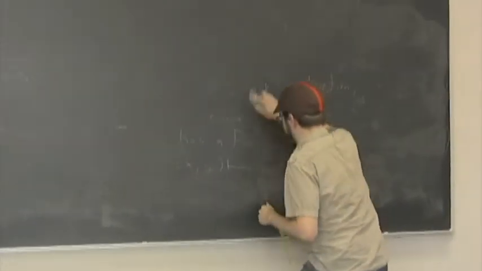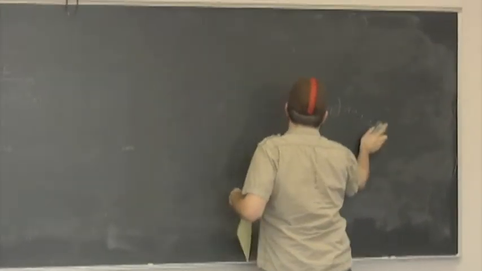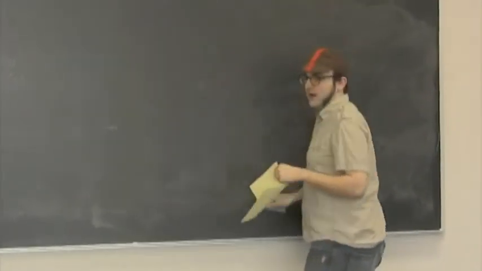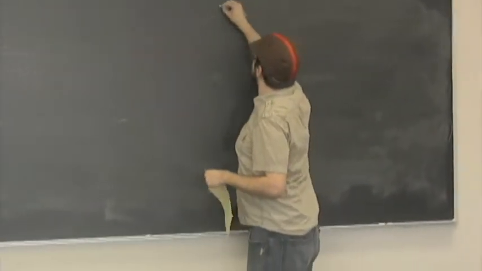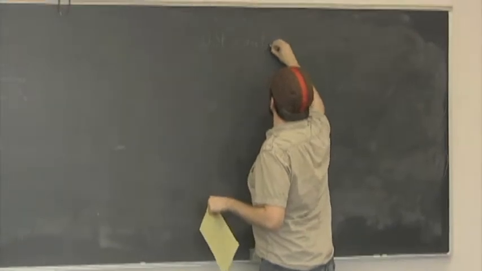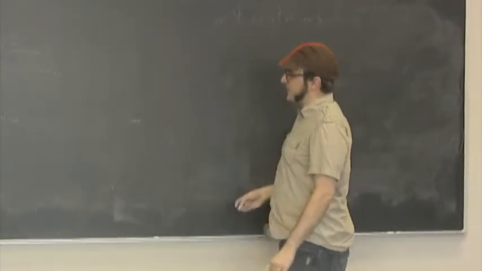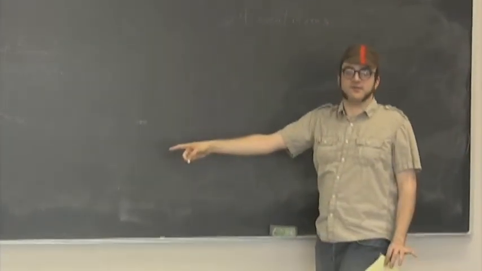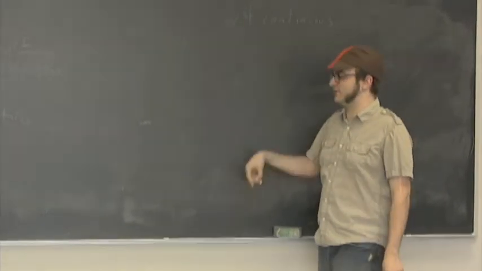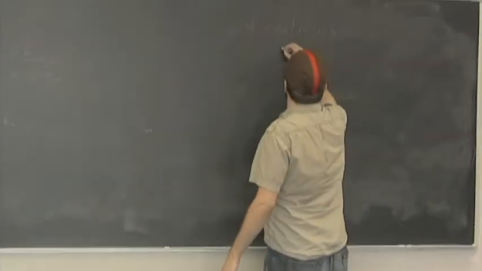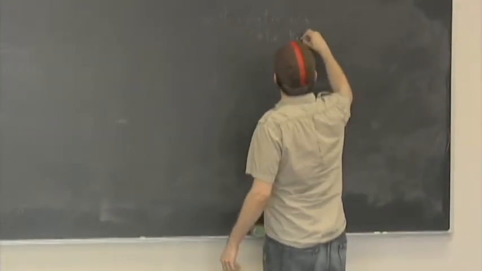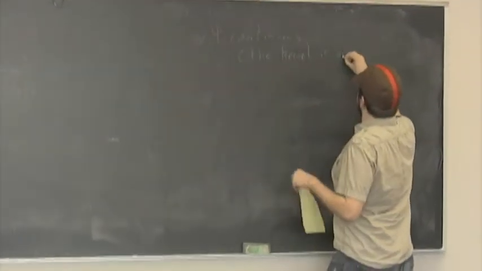So the first condition is that I want psi to be continuous, but what topology should a number field get? I want to be an atheist on what topology K has, and the only way to do that and still be fair to everyone is to give it the discrete topology. And so we're just going to say the kernel is open.